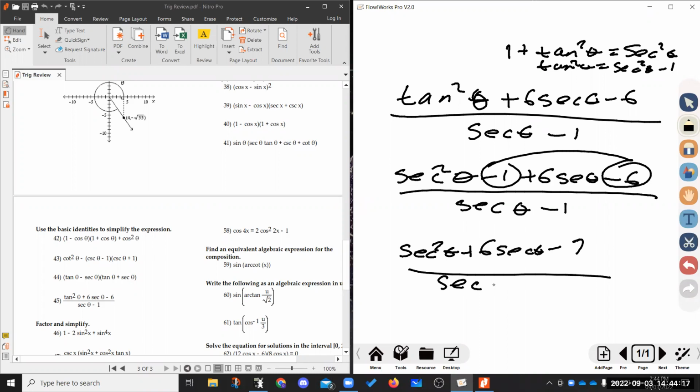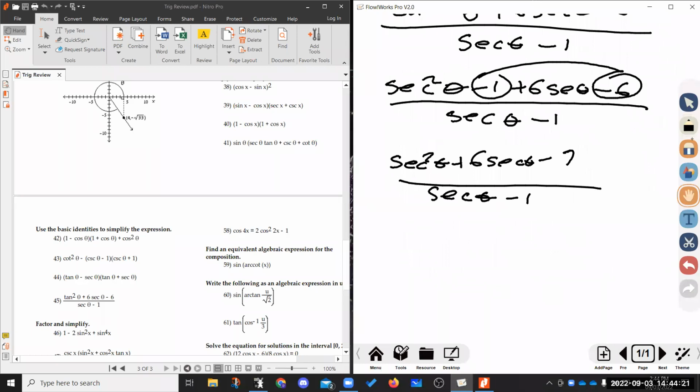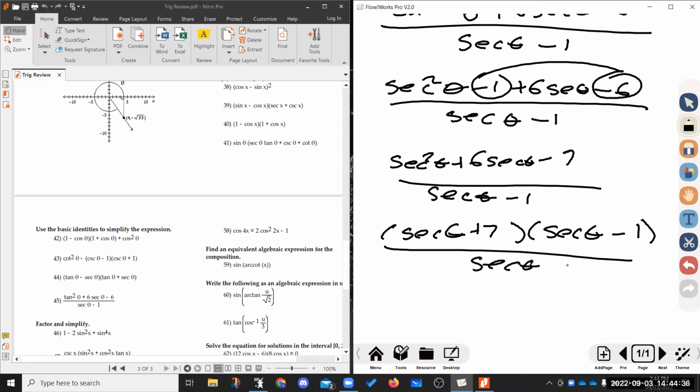Now we're going to factor. And this is going to be secant of theta times another factor of secant of theta. We're going to have plus 7, we're going to have minus 1. We're going to have secant theta minus 1. Those factors will cancel as long as secant theta is not equal to 1.